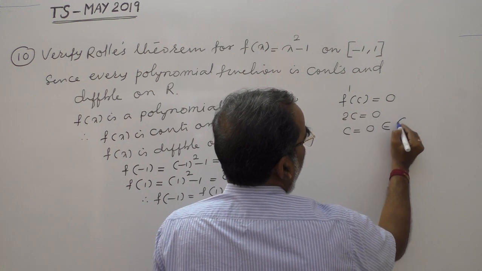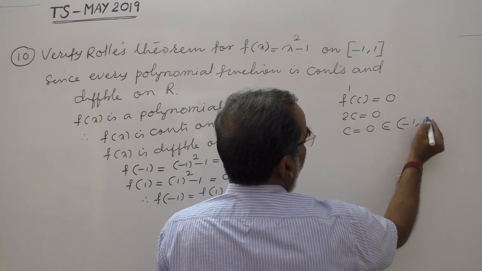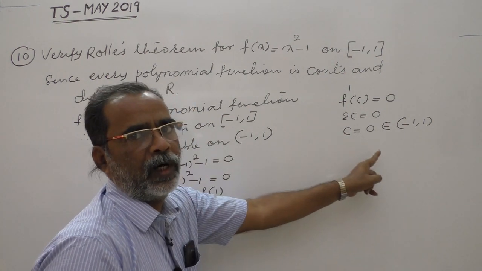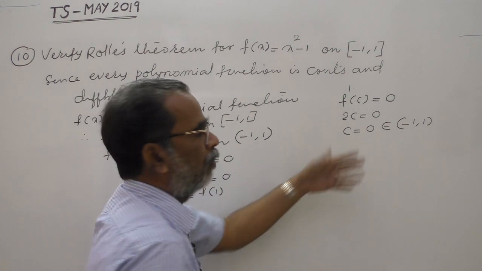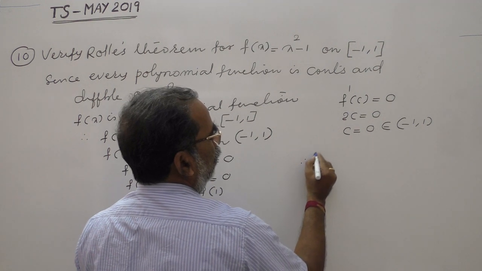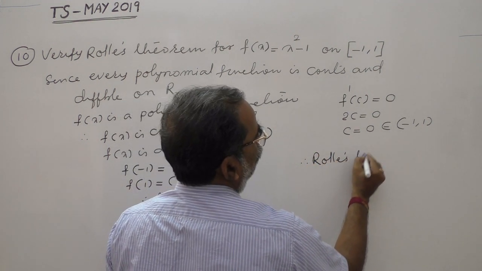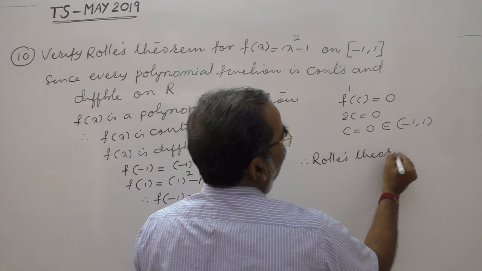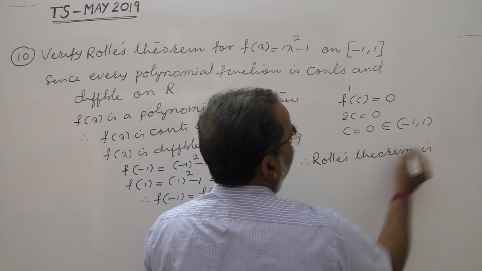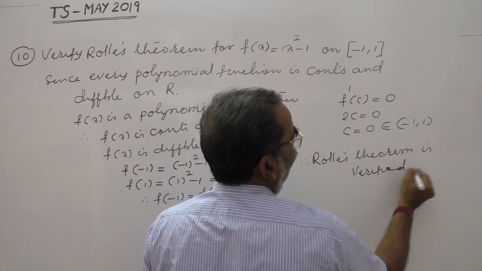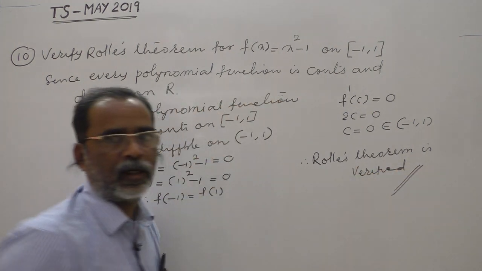So clearly it belongs to open interval -1, 1. There should be at least one c in this interval, which we obtained. That's all. Therefore, Rolle's theorem is verified.